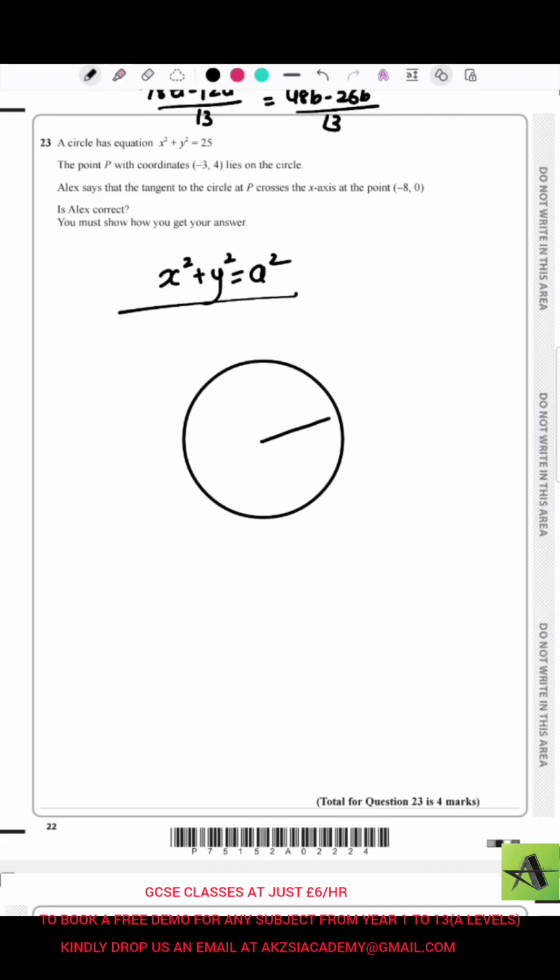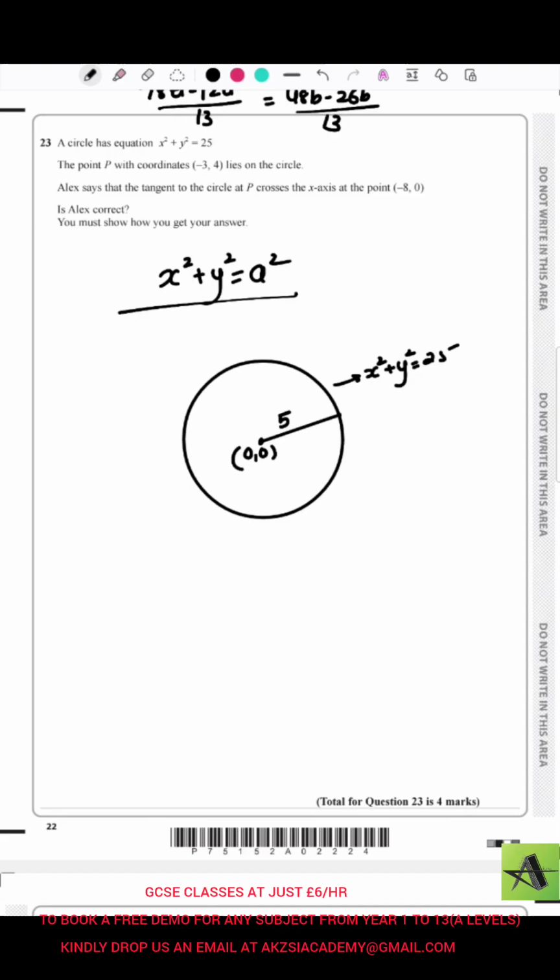So it would be this. That is 5, and our center is 0, 0, and the equation of this circle is x squared plus y squared equals 25. The point P with coordinates -3, 4 lies on the circle.